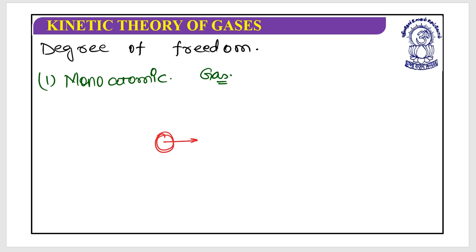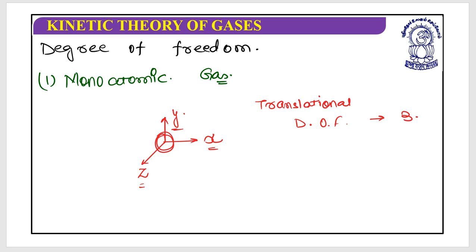It can have motion in X, motion in Y, or motion in Z. So this is the translational degree of freedom. It's 3. How? Either X, either Y, either Z. Now let's talk about the rotational.